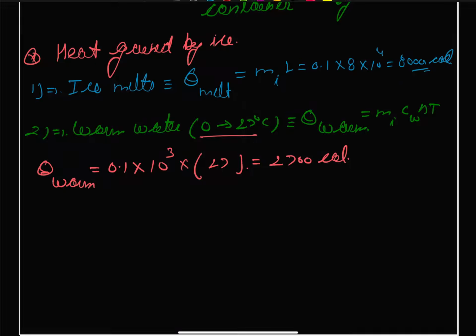Therefore the total heat gained by the ice, which we are calling Q ice, will be Q melt plus Q warm.